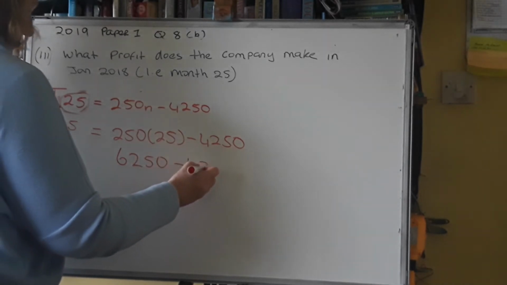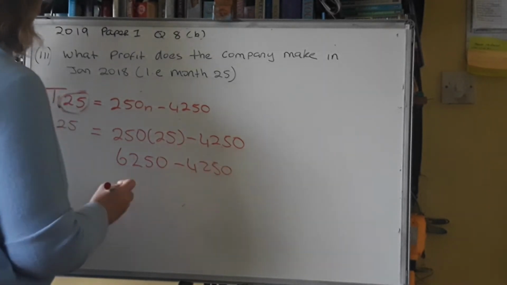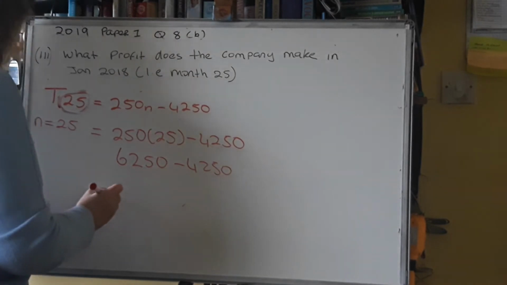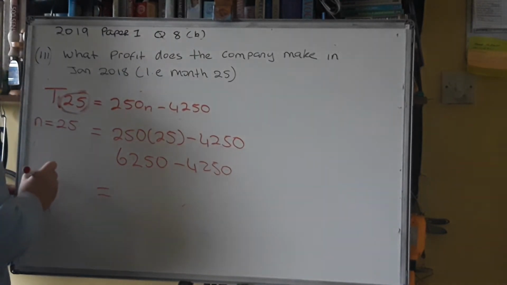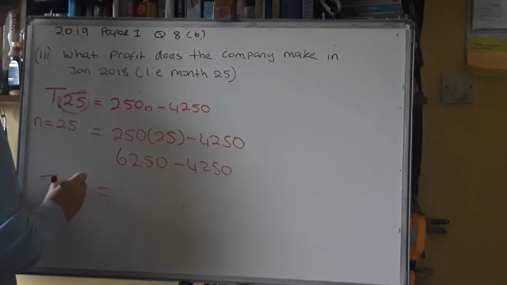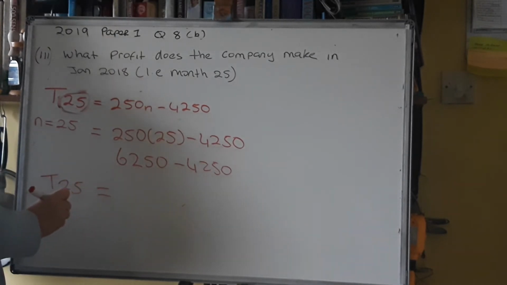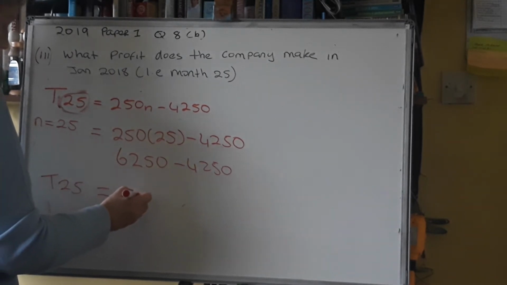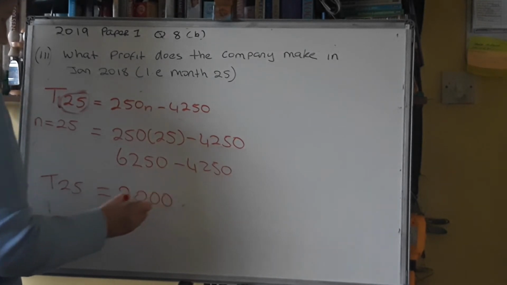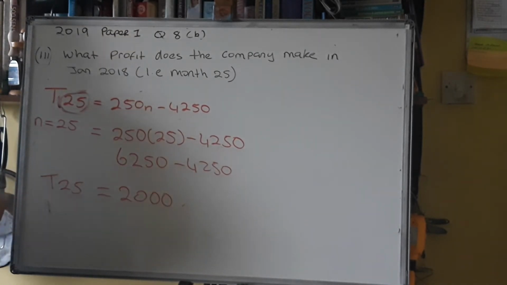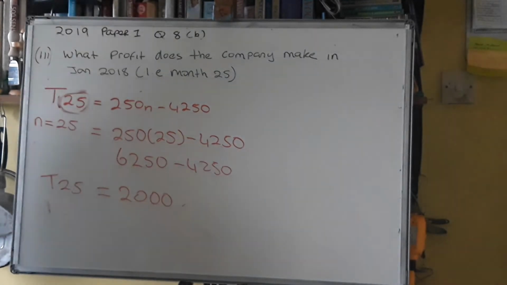Subtract your 4,250 from that, and you find out that your term 25, month 25, the profit is 2,000 euros. Okay, that's the answer to that. Very straightforward. Just substitute in the 25 for the n, and your calculator will do the rest.